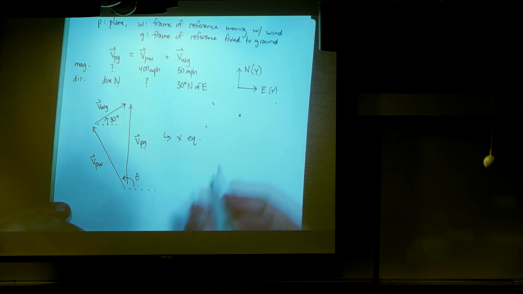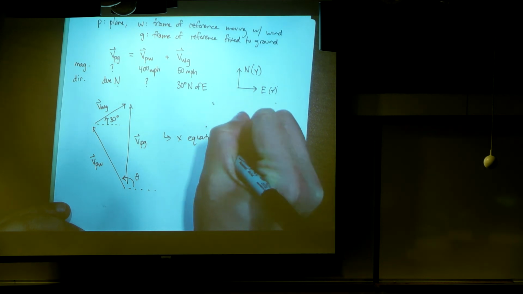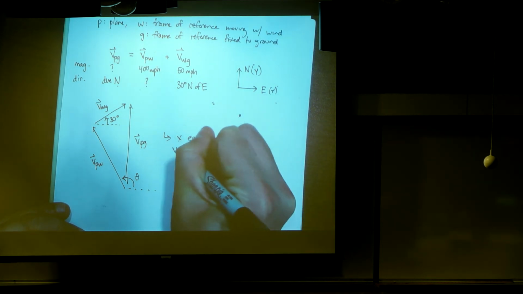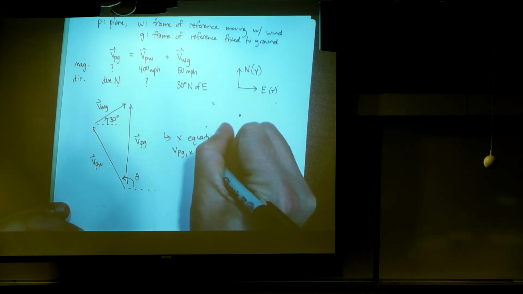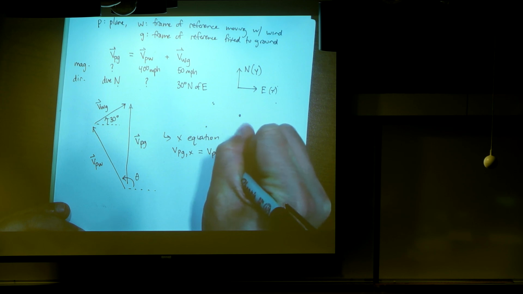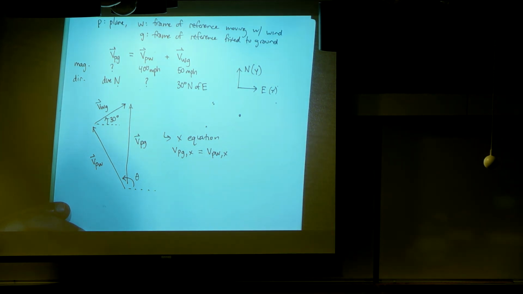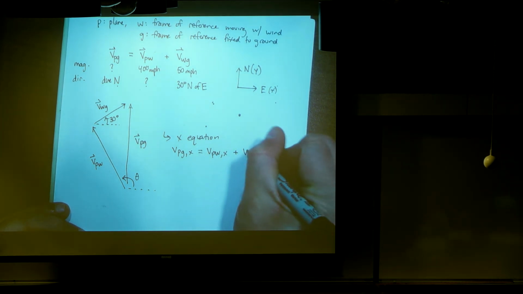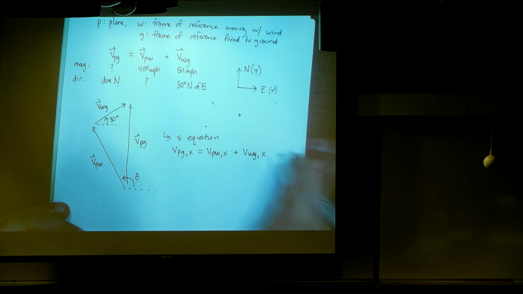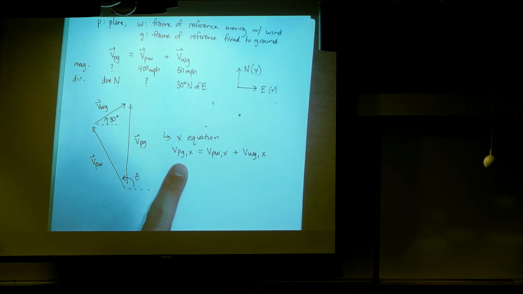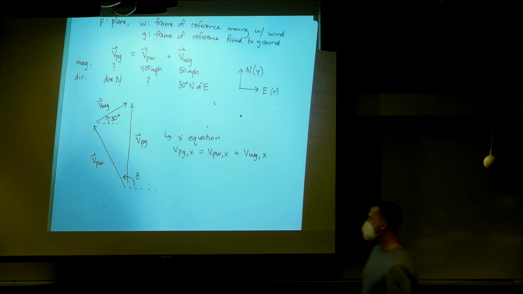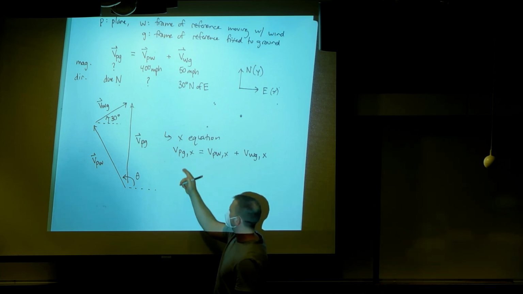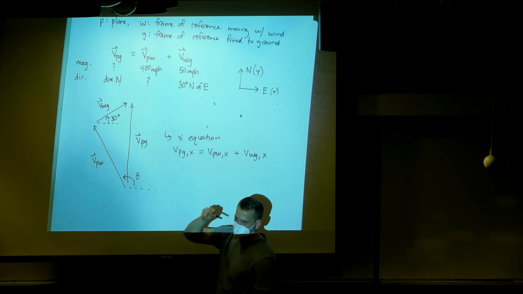For my x equation, I have velocity of the plane relative to the ground, but just picking out the x component of that, equals the velocity of the plane relative to the wind, again just the x component, plus the velocity of the wind relative to the ground, just the x component. Okay. So we're going to go term by term and figure out what we can plug in. For this one, velocity of the plane relative to the ground, x component, what is that?